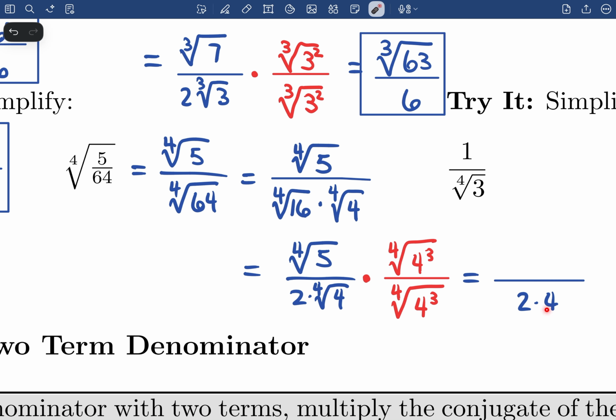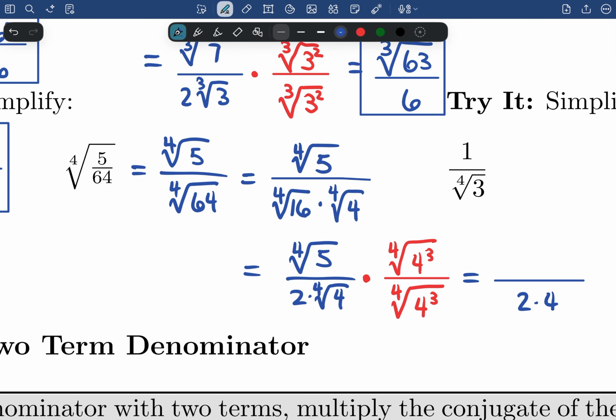just 4. Okay. And then on top, I have the fourth root of 5 times the fourth root of 4 cubed. And so I'm going to use the product property here, the fourth root of 5 times 4 cubed. Right? 5 times 4 cubed, like that. So that doesn't simplify really at all.